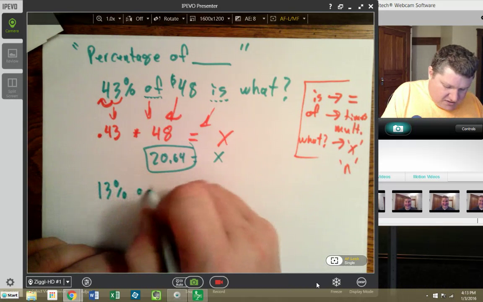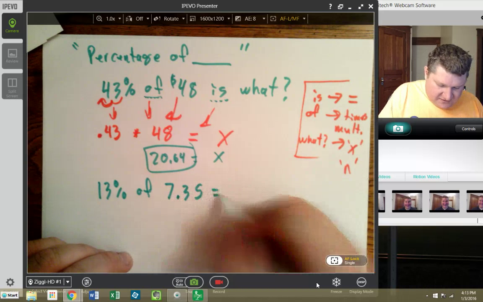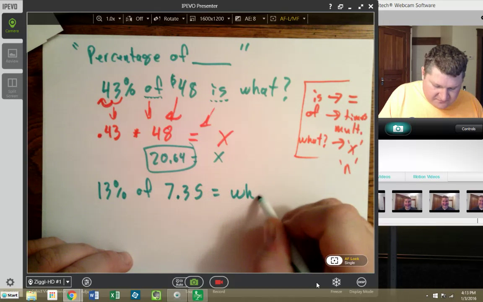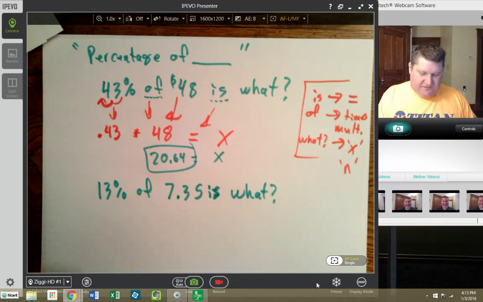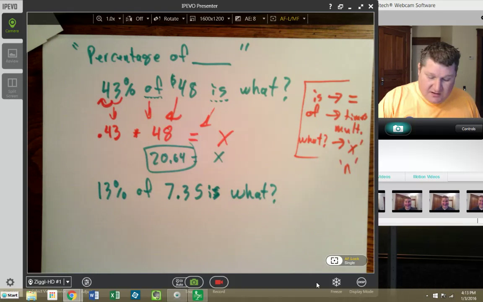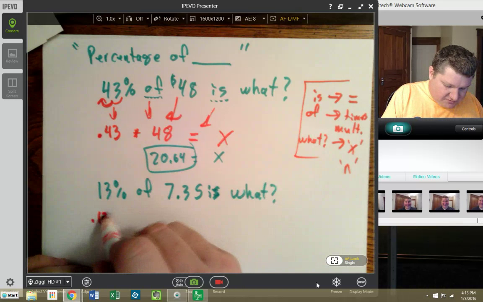13% of 7.35 equals what? In fact, you'll notice I even put the equals instead of the word is. There you go. I even cheated for you. See what you can do with that. Now, obviously, 13% can be 0.13.